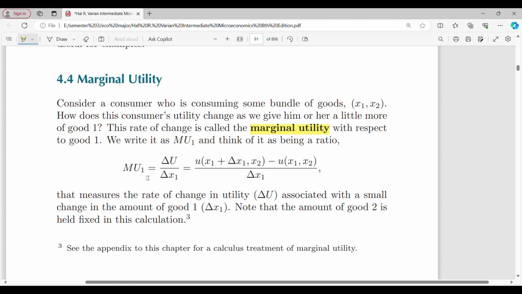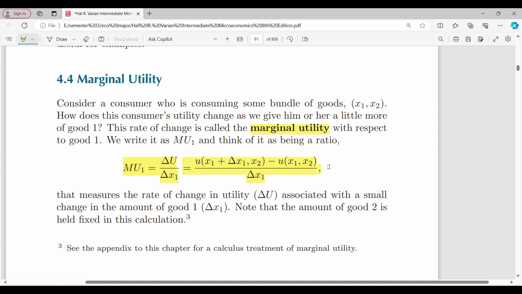This can be calculated with this. Marginal utility is the change in utility divided by the change in the number of units of the good. The change in utility is u(x1 plus delta x1, x2) minus the original utility u(x1, x2), divided by delta x1.